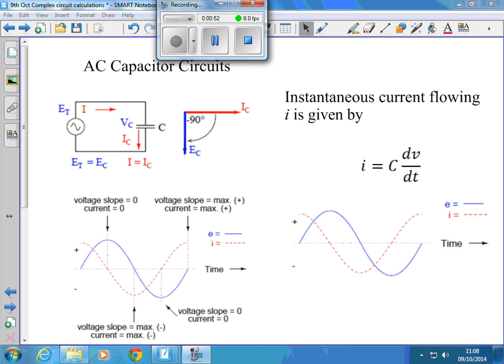So we get a voltage and a current in this circuit 90 degrees out of phase with each other, but the opposite direction to that with the inductor. So these two components actually work in opposition to each other.